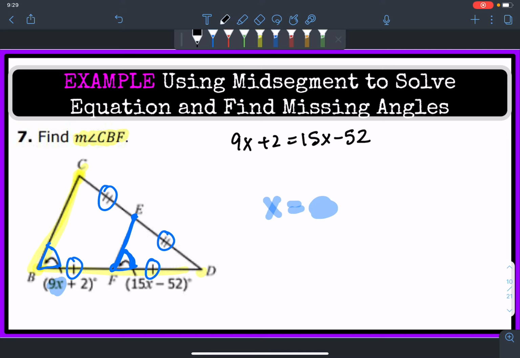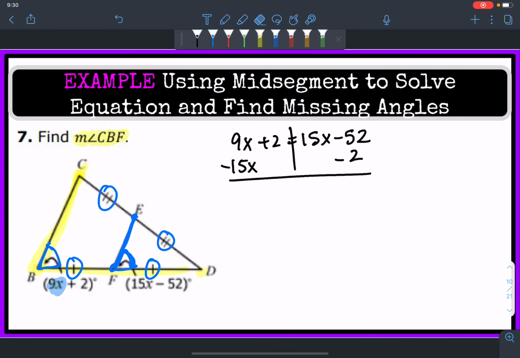So with letters to the left and numbers to the right, I would subtract the 15x and I would subtract 2, and we would end up with negative 6x, and that would equal negative 54. Dividing by negative 6, the value of x again is 9. This is the second time we get a solution of x equal to 9.